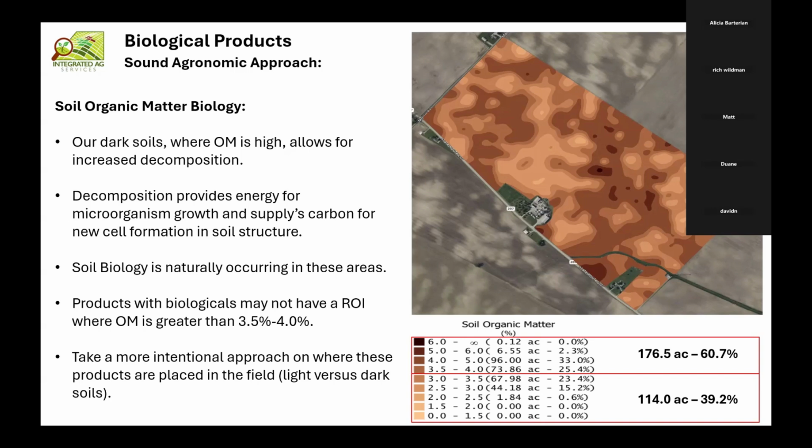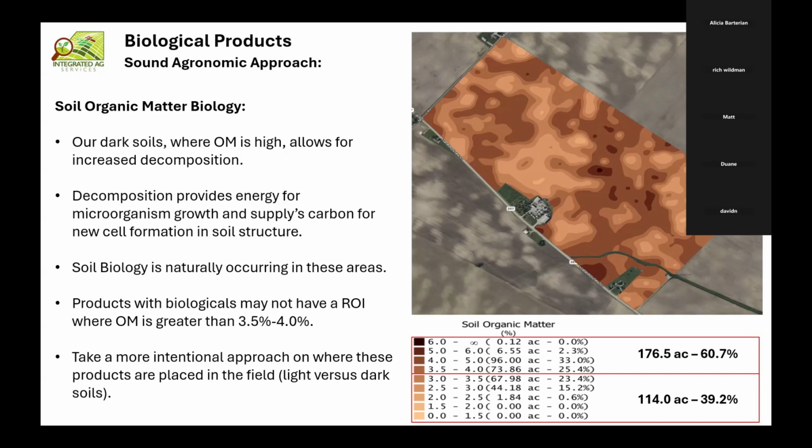So where would I expect a biological approach to work in a field like this? Logically, it makes sense on ground that's a little tougher, where the ground is tighter and there's less water movement.